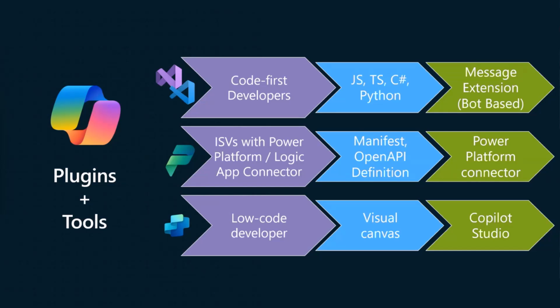And then it works also as a plugin. Another option is you can build Power Platform connectors or Logic App connectors. So there's a huge ecosystem here. However, in order to do this, you currently need to be an ISV who is certified in the Power Platform to build connectors and put them in the store.